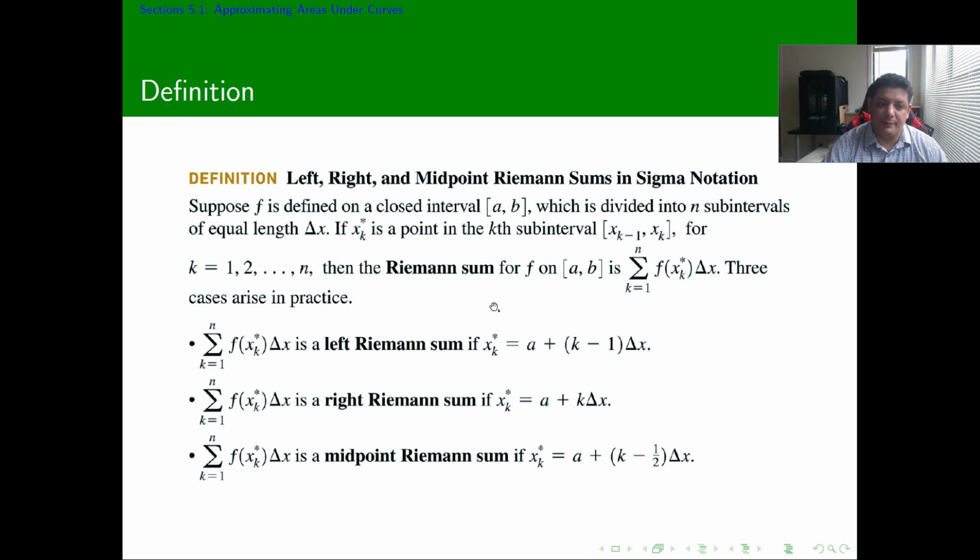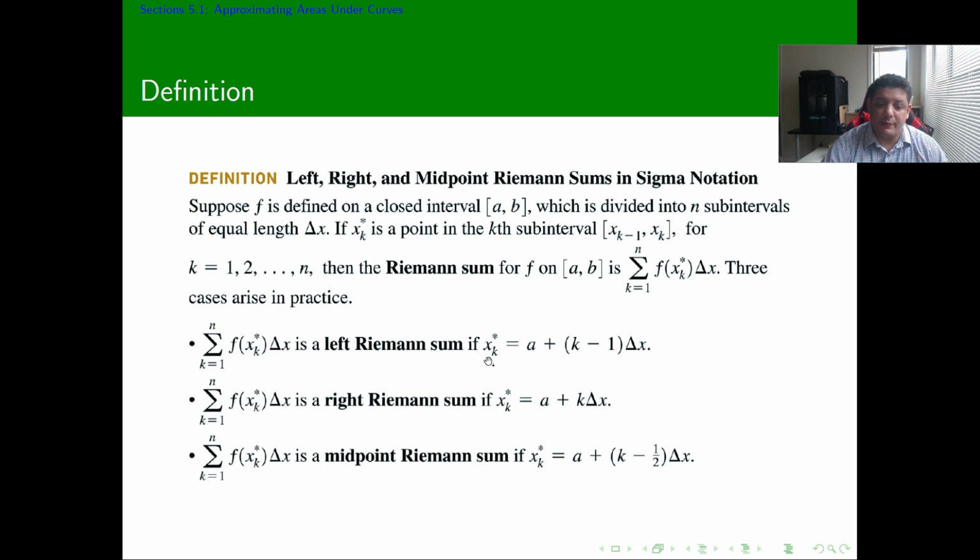Now let's take a look at an example of how that will influence our Riemann sums. We can describe our left, right, and midpoint Riemann sums using this sigma notation. As I was showing you before, we first established the sum from k equals 1 to n of f of xk star times delta x. Depending on whether it's a left, right, or midpoint Riemann sum, we can find out how to describe our points.